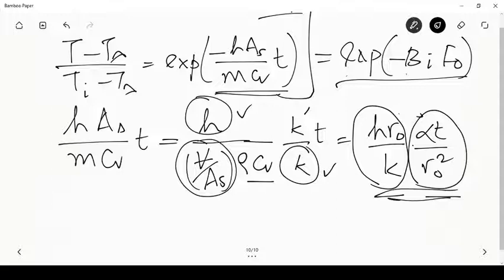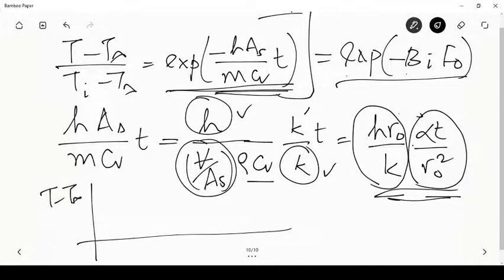So you have an exponentially decaying temperature difference. If I plot that temperature difference, T minus T infinity divided by Ti minus T infinity, it will start with 1 at time t equal to 0 and decay like that here. And what does it decay with?